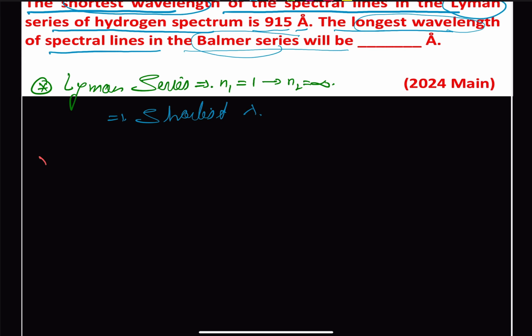And secondly, we are given the Balmer series. So for our Balmer series, n1 will be equal to 2. It transitions to n2, which is equal to 3. And this will give us the longest wavelength.